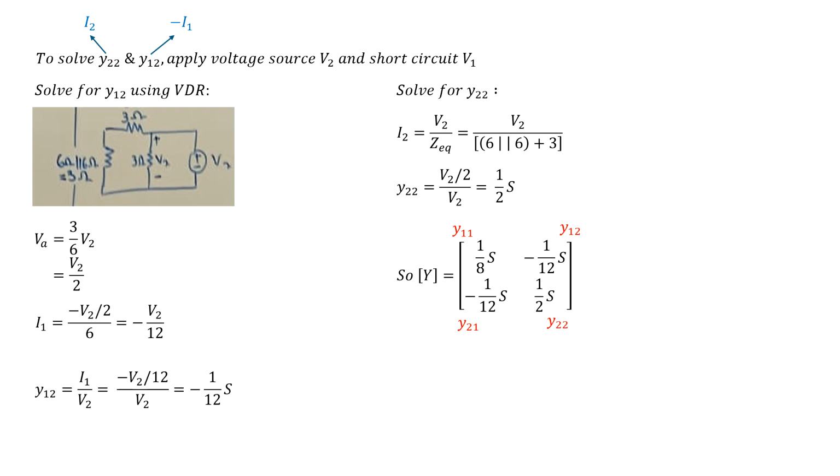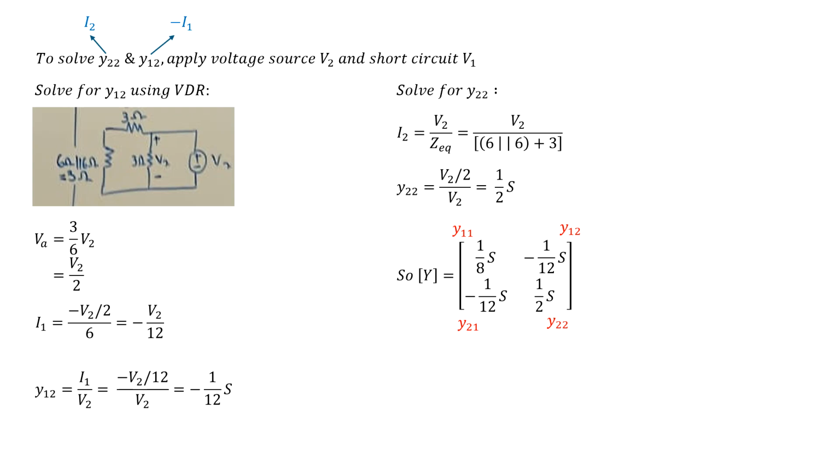To solve for y12, you use the voltage divider rule, which I wrote as an acronym here, VDR. You just solve, and you get y12 equals negative 1 over 12 Siemens. And it's the same for y22. You just use basic Ohm's law, and you get y22 equals 1 over 2 S.